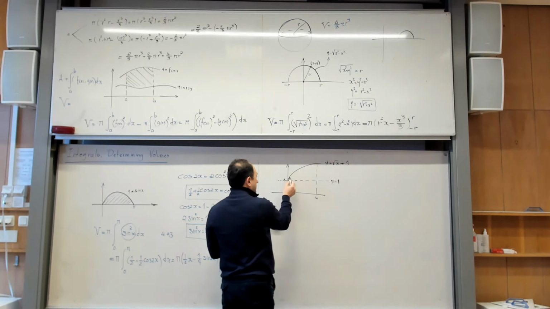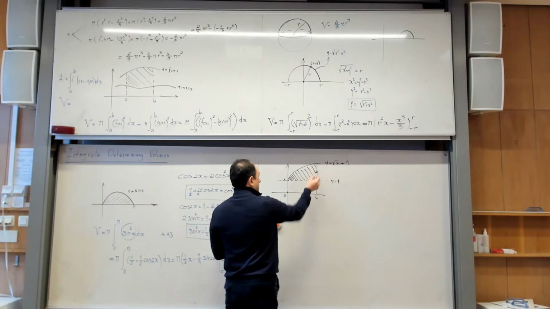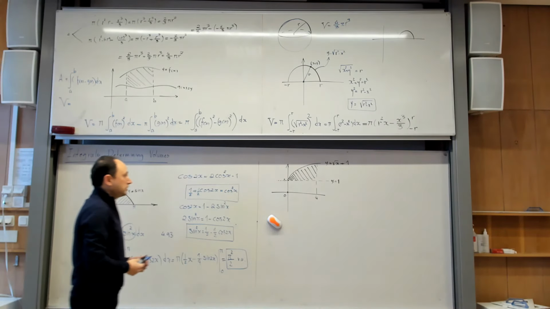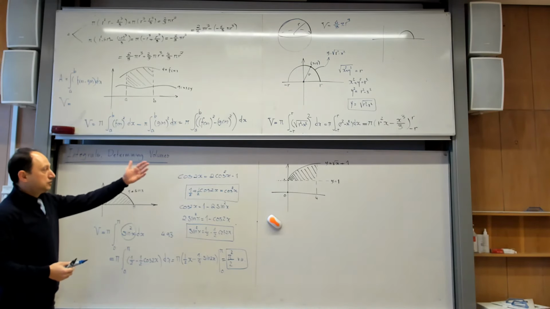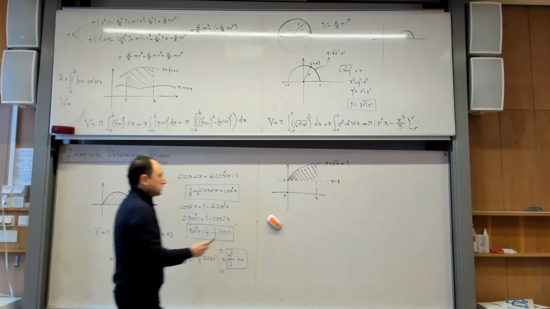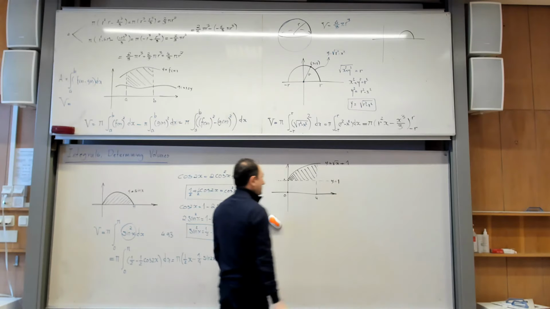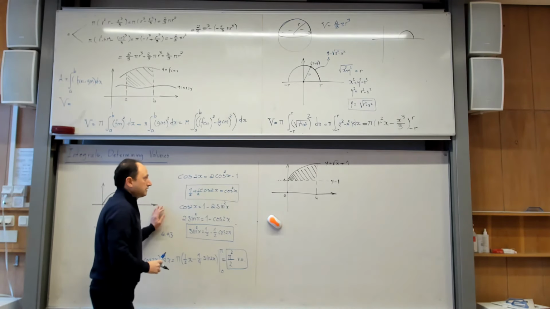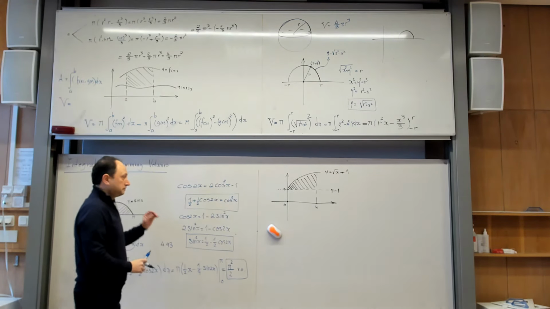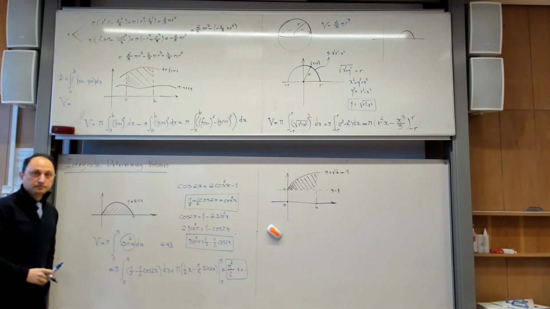Yes, I concentrate on this area. Now my question is, if I rotate that area about the x-axis, what will be the volume generated? Okay, so how should I solve this problem?